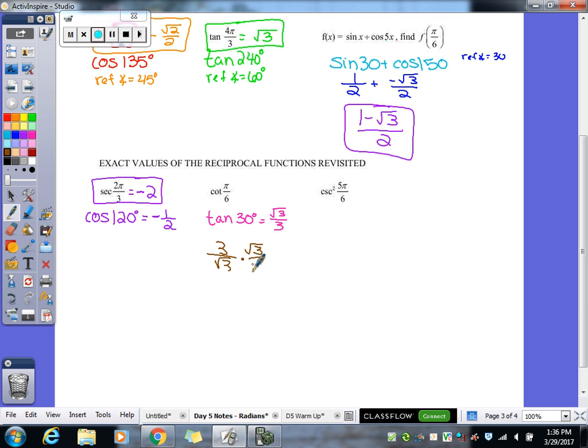No. So we have to rationalize it, not radical it. So this gives me 3 radical 3 over 3. And then what happens with these 3's? It cancels. So that becomes radical 3. Your cotangent would be radical 3.